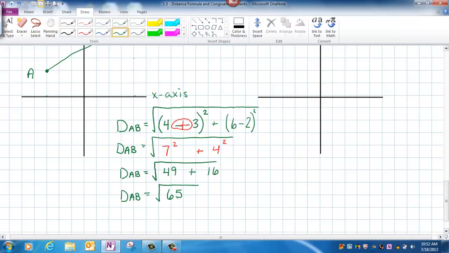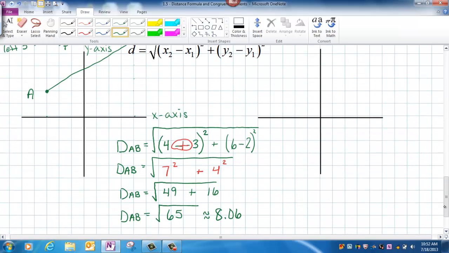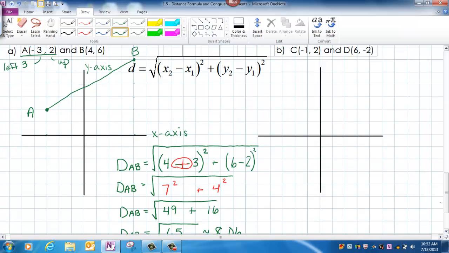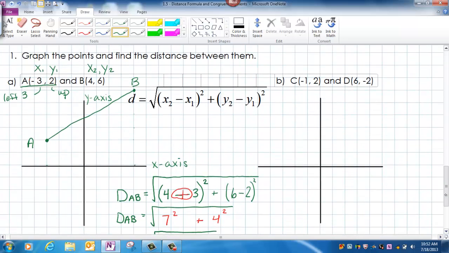Well, we know that the square root of 64 is 8, so the square root of 65 should be a little bit bigger than 8. We can use our calculators to get a better idea, and it's approximately 8.06. So the distance from point A to point B up here is 8.06 units long.